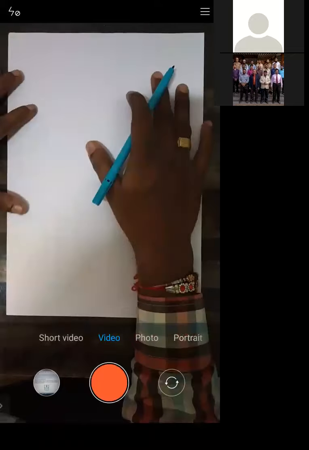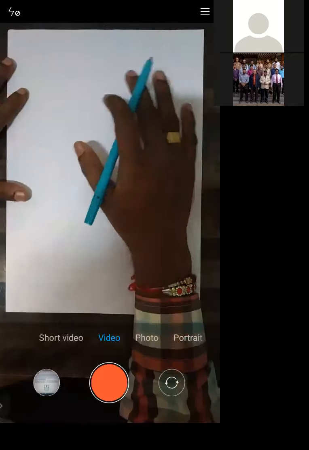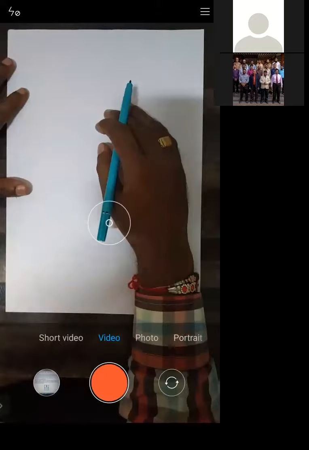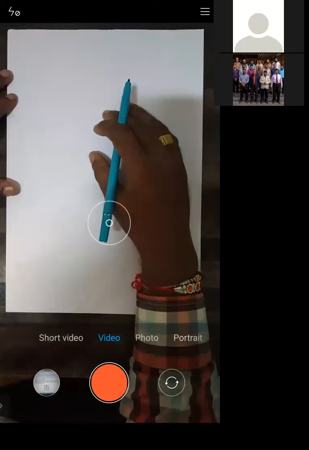Okay, so what you will observe between the problem which I am taking now is in terms of boundary conditions. So let me first start with the problem.